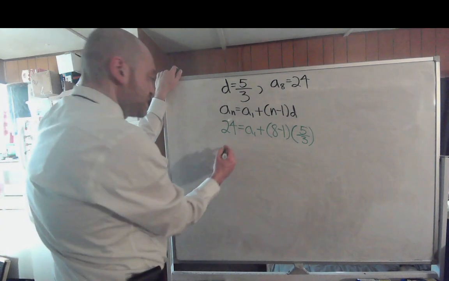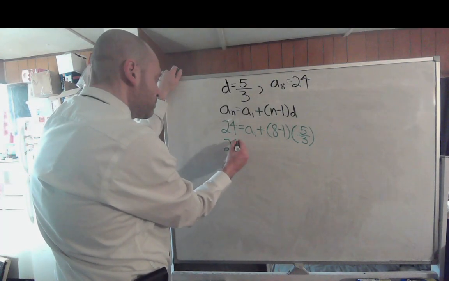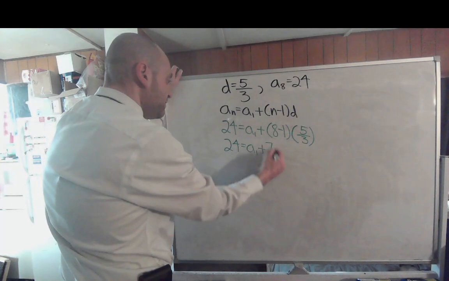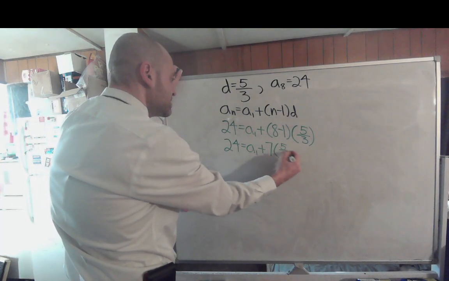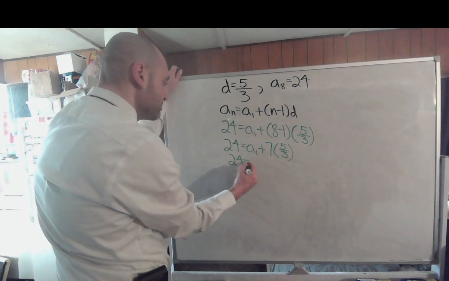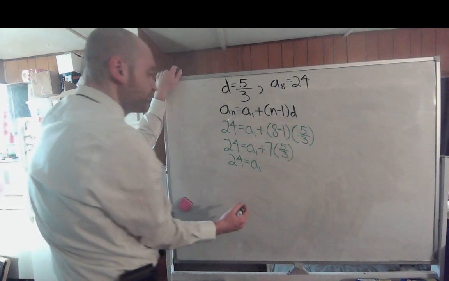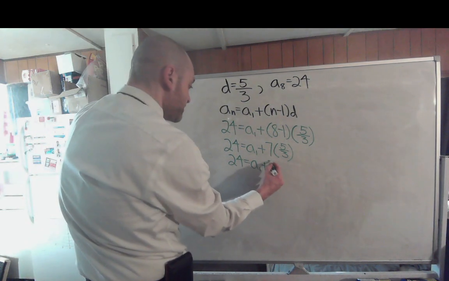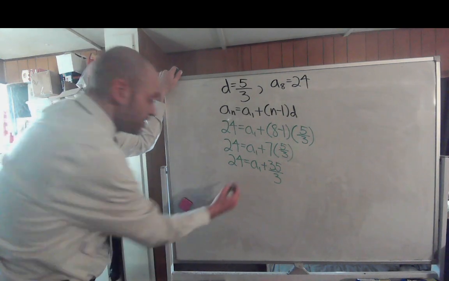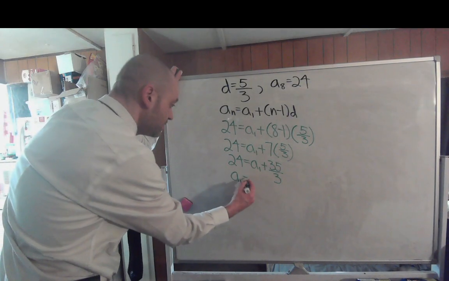All right, so what's that going to give you? That gives you 24 equals a sub 1 plus 7 times 5/3, which means 24 equals a sub 1 plus 35/3, which now we can solve for a sub 1.